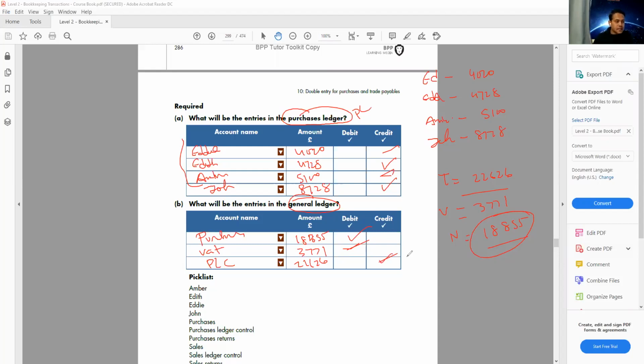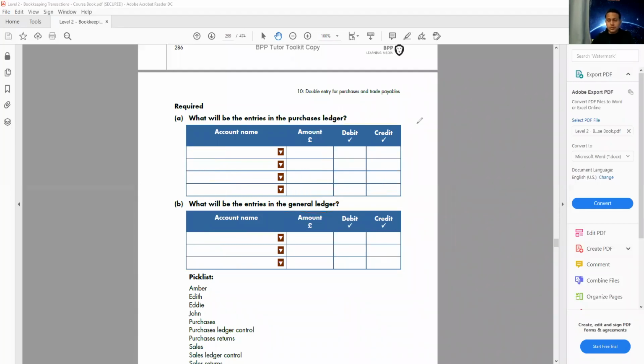Why VAT debit? Because when you purchase, okay, I'll tell you, maybe it will be good for you. When liability goes up, then it's a credit. When liability goes down, then it's a debit. So VAT is a liability for us when we make a sale.